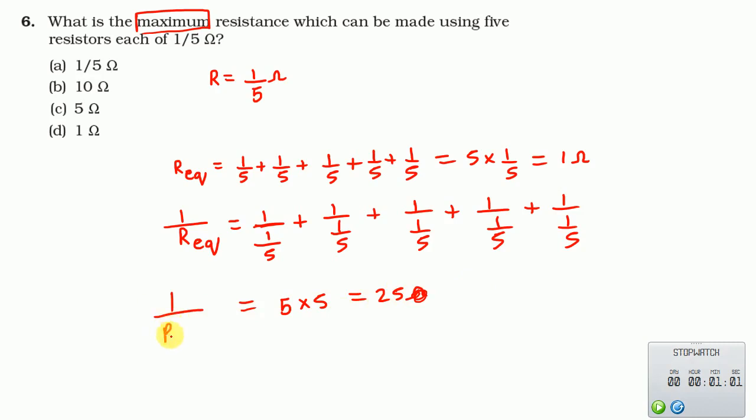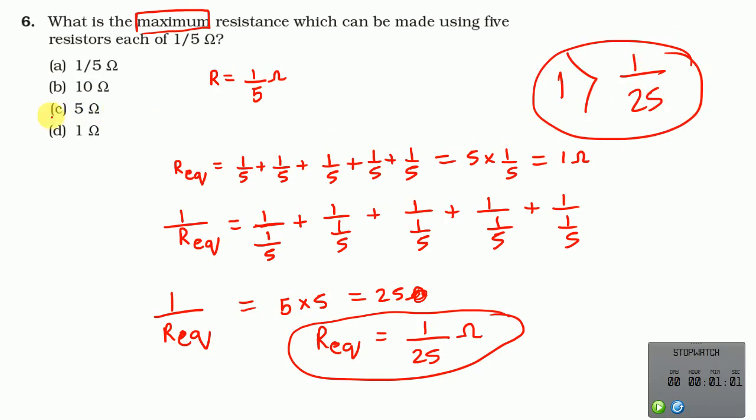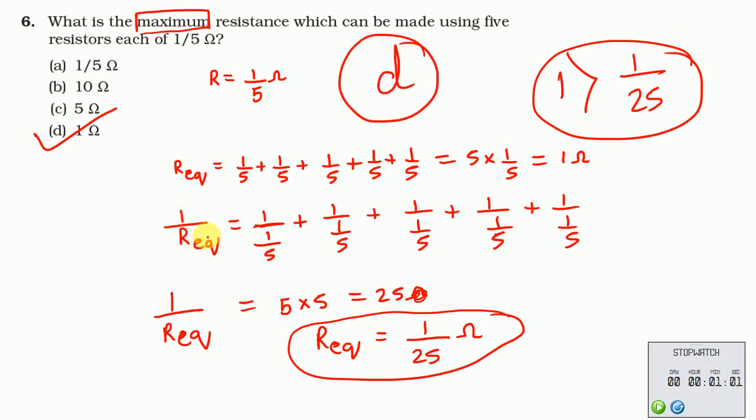The value that we are getting is 1 by R equivalent. So R equivalent will be 1 by 25 ohm, right? Obviously 1 is greater than 1 by 25, so the maximum that we will get is 1 ohm. The correct option is D. I hope it is clear.